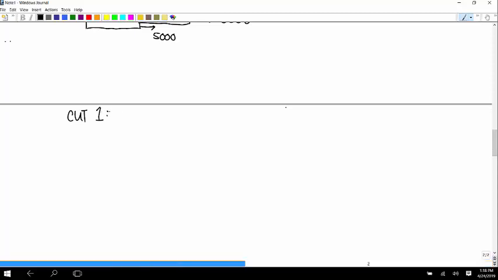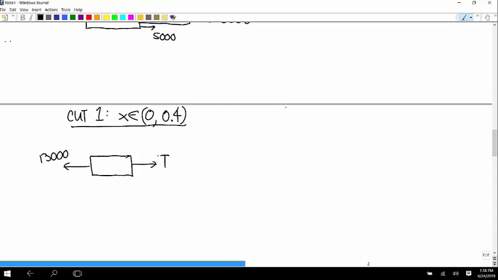And so cut 1 is for x values between 0 and 0.4. So we have the 13,000 Newton force on the left. And we haven't gotten to any of the other external loads, so now we just have a T this way.